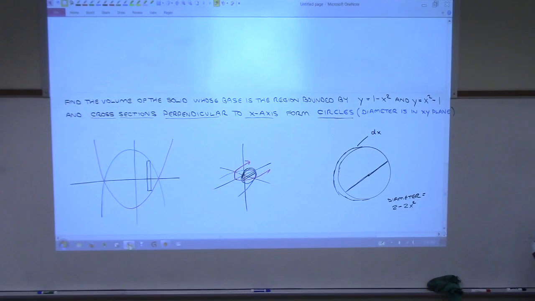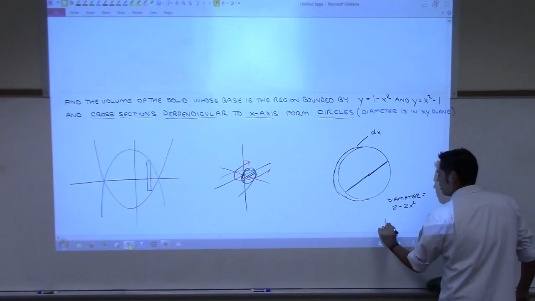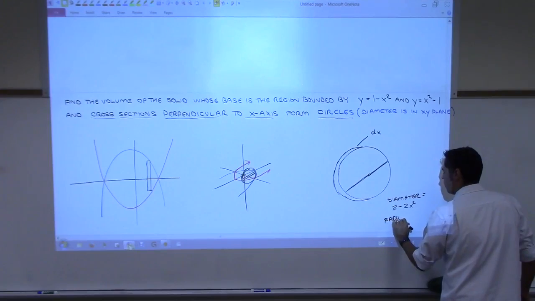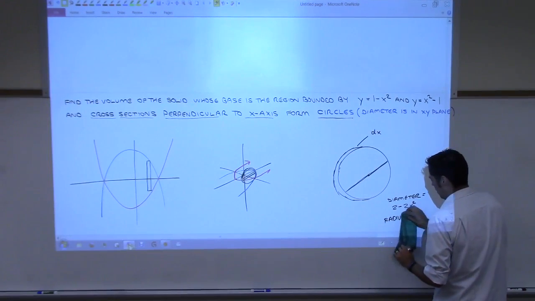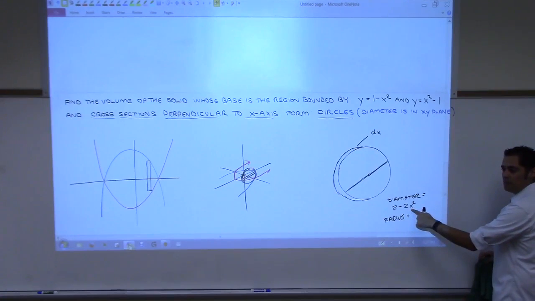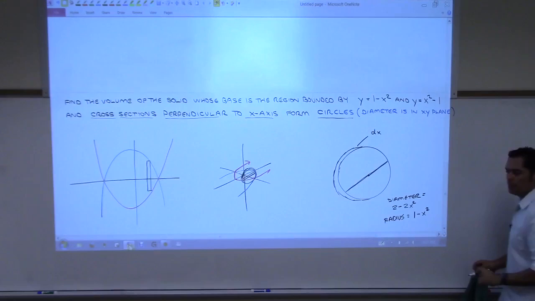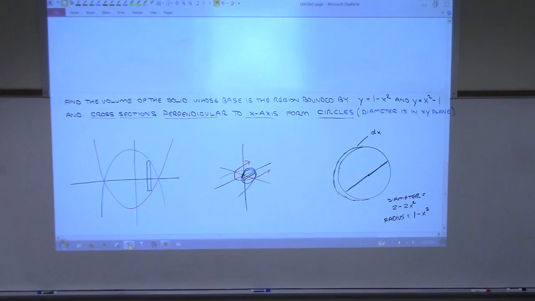So I just need pi r squared. Yeah, the radius is half of the diameter. So the radius of this circle is half of that. Just distribute a half through, so you just get 1 minus x squared. Agree? Questions?